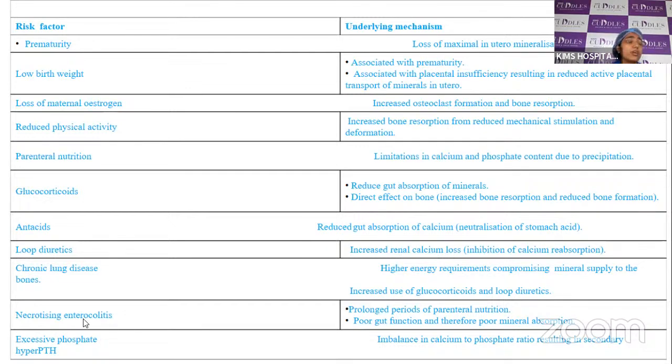We should not give phosphate or calcium alone for the treatment of osteopenia of prematurity, because excessive phosphate, as I will show in the subsequent slides, creates a vicious cycle in osteopenia of prematurity. Excessive phosphate will lead to activation of the parathyroid hormone, known as secondary hyperparathyroidism, which in turn will cause bone resorption. In fact, we are doing bad for the baby by giving phosphate-alone supplementation.